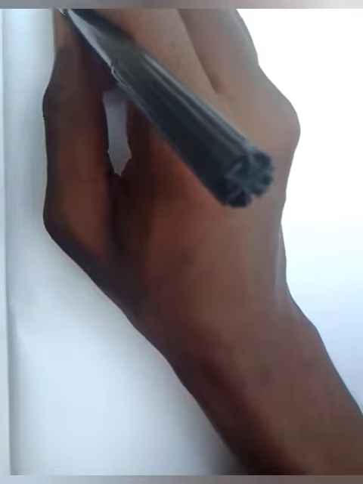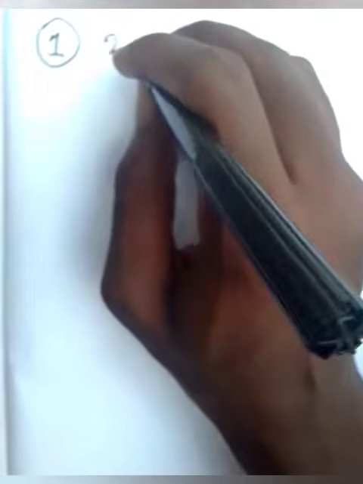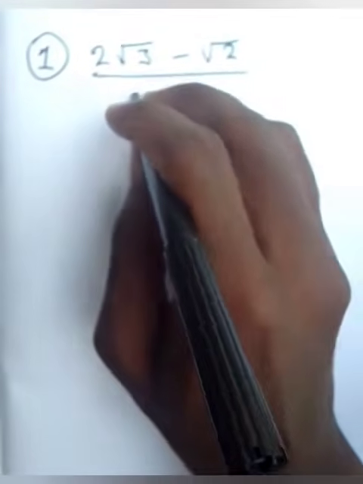Alright, so let's solve the first question. Question 1 is 2 over 3 minus square root 2.